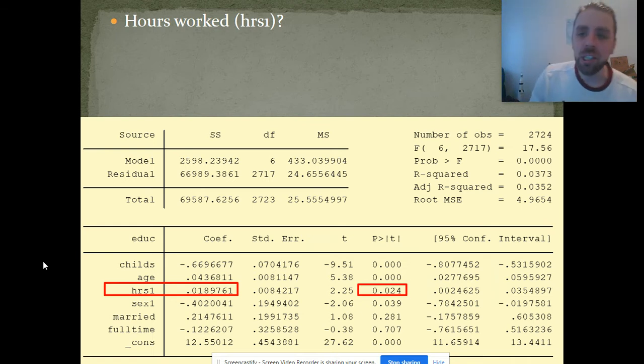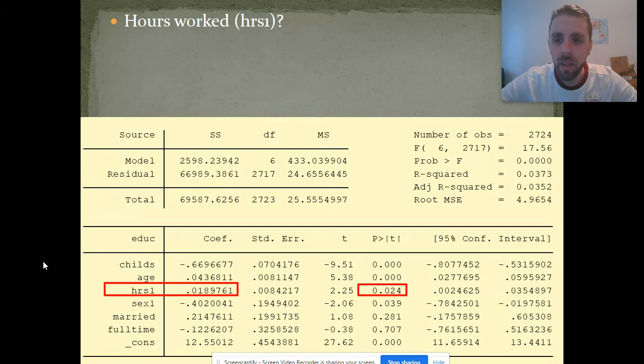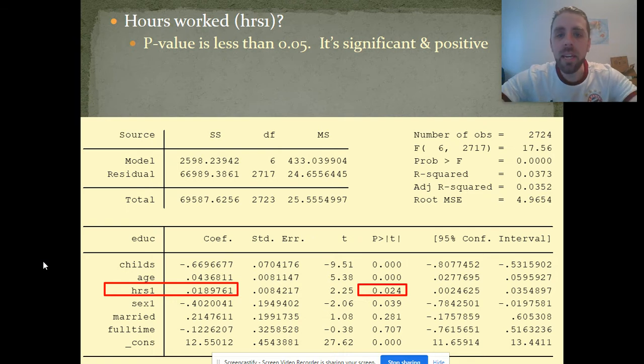Now, moving on to HRS 1, which you were told in the coding document is hours worked. Same thing. I'm going to do the same 3 processes here. The p-value is less than 0.05. I saw numerous students here correctly identify the children variable as significant because of its 0.000 p-value.